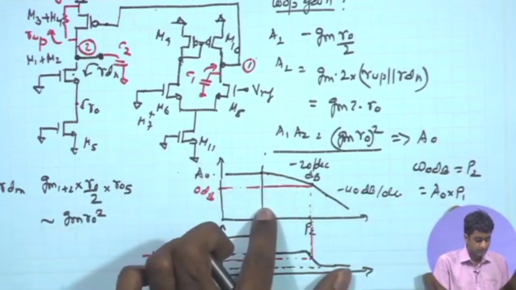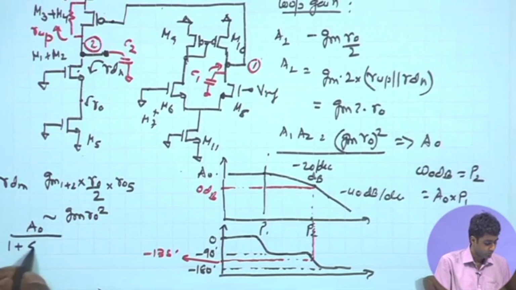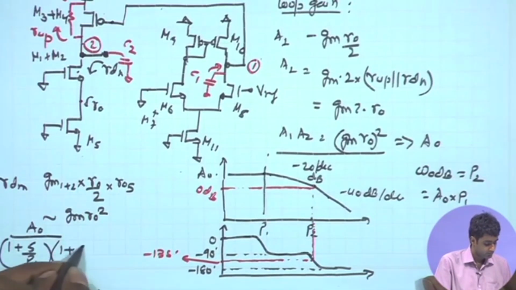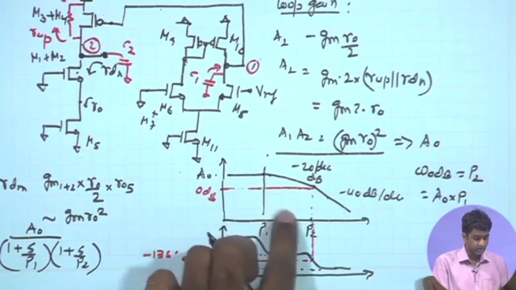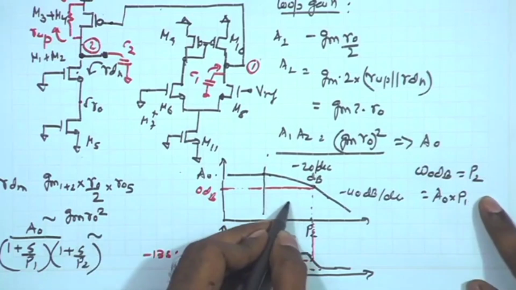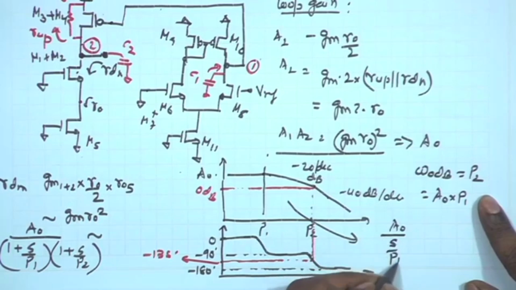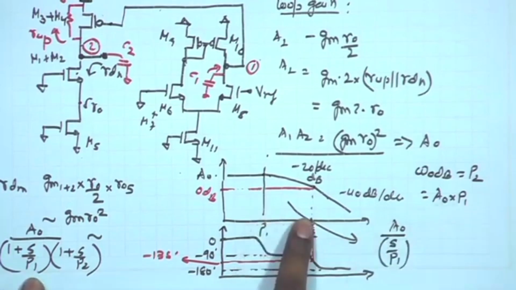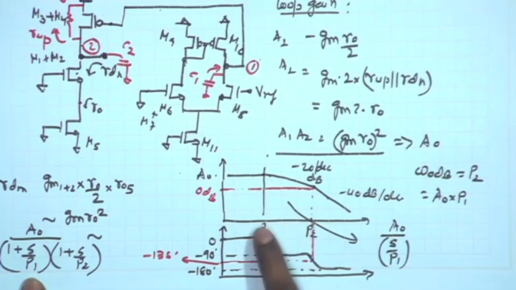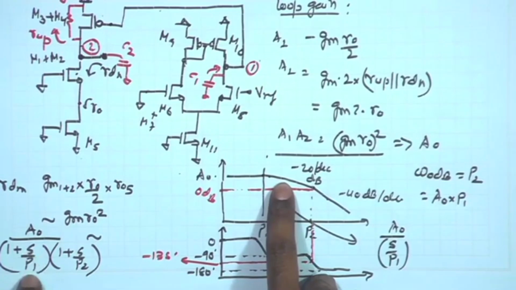because immediately after P1, we know that for a 2-pole system, the overall expression can be expressed as A naught upon (1 plus S upon P1) times (1 plus S upon P2), and in this region between P1 and P2, this expression reduces to A naught upon S upon P1, because between P1 and P2 you have S, or the omega, which is much greater than P1.